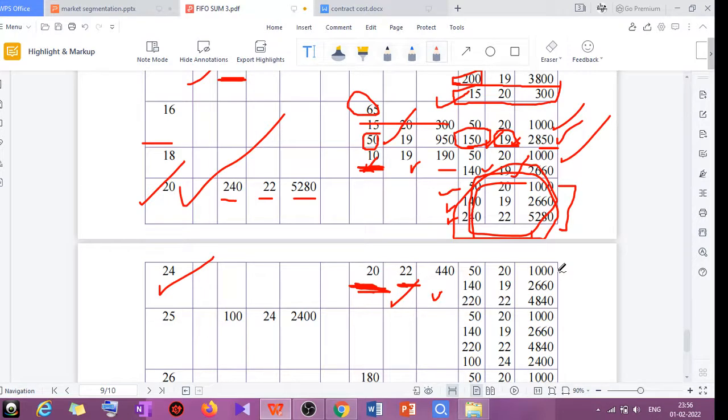I hope it is clear to you. So what is the remaining? From the first lot, same thing. Second lot, 140. Now from the last lot, right? One second.